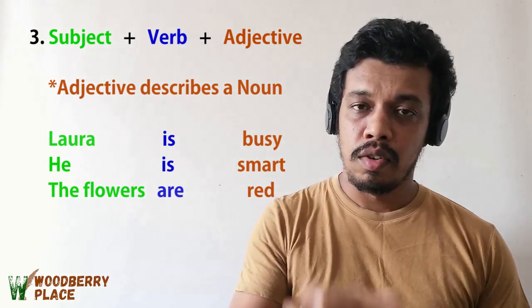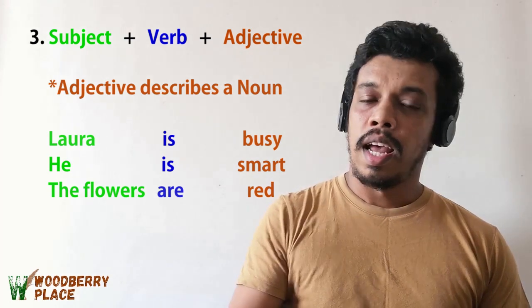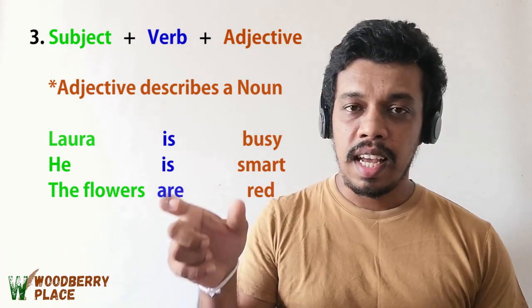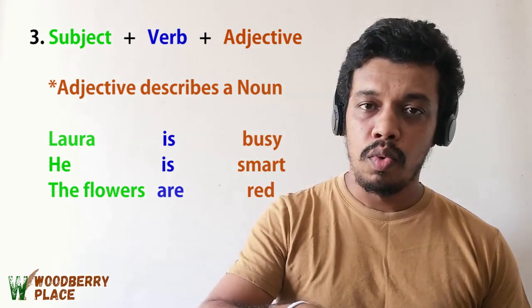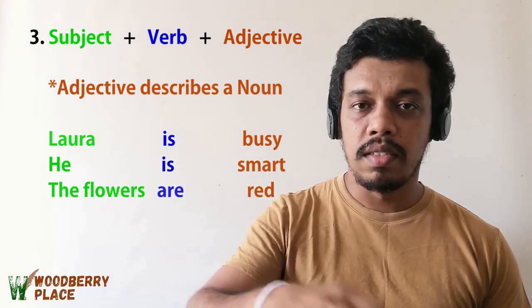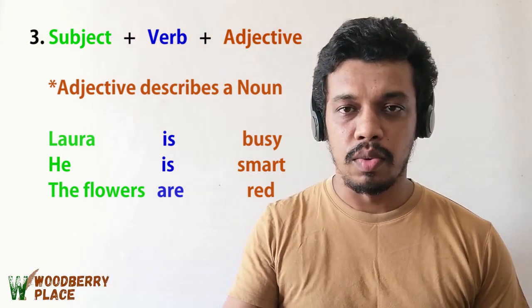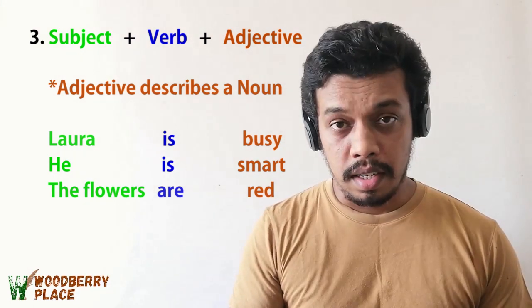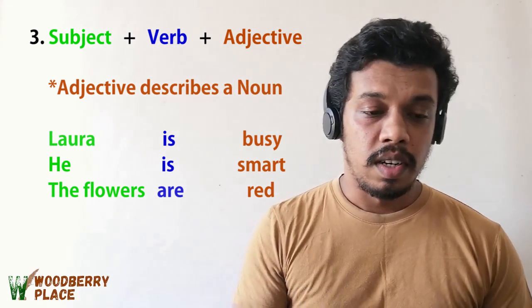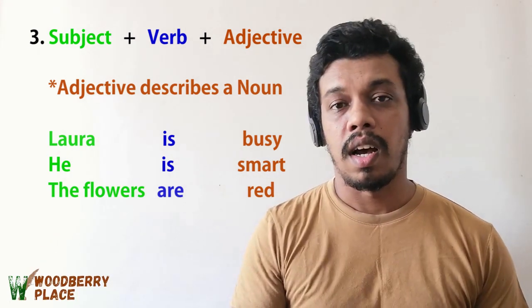You can see Laura is a noun and busy is the adjective, and you can see how Laura's condition is described by this adjective. Okay. The second one is he is smart. And the third one is the flowers are red.